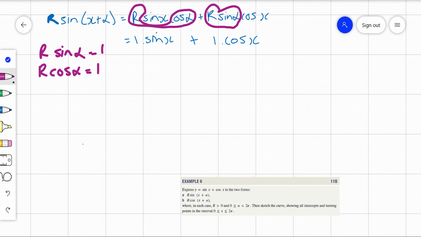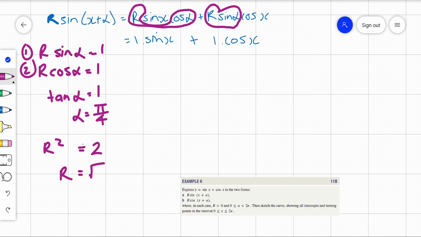So if we do equation 2 divided by equation 1, we get tan alpha equals 1 on 1, which is 1. So we get alpha being pi on 4, that's our acute angle there. And for r, if we take equation 1 squared and add equation 2 squared, 1 squared plus 1 squared on the right hand side is 2, so r squared equals 2, so r would be equal to root 2.